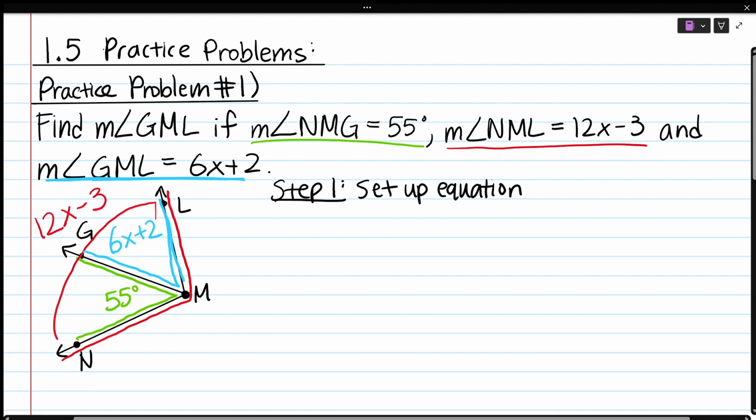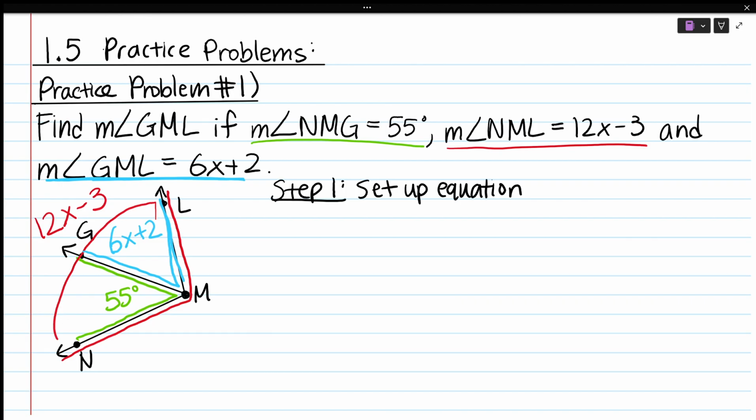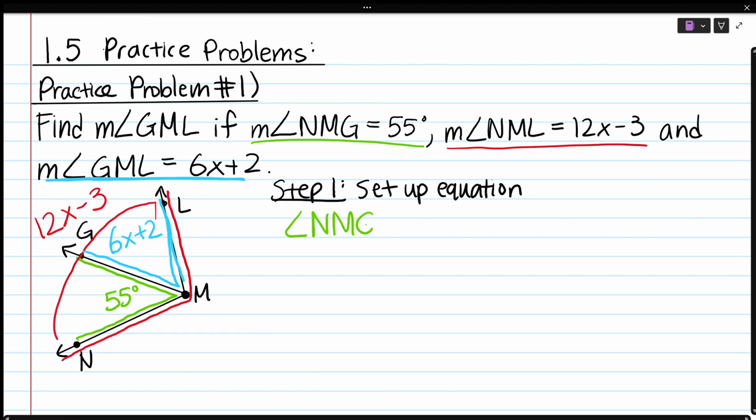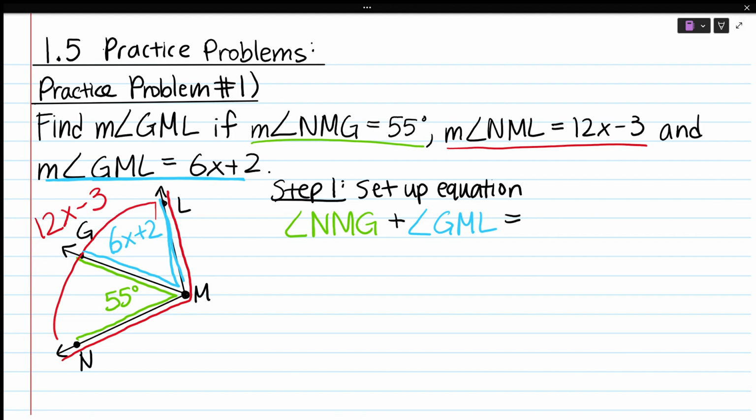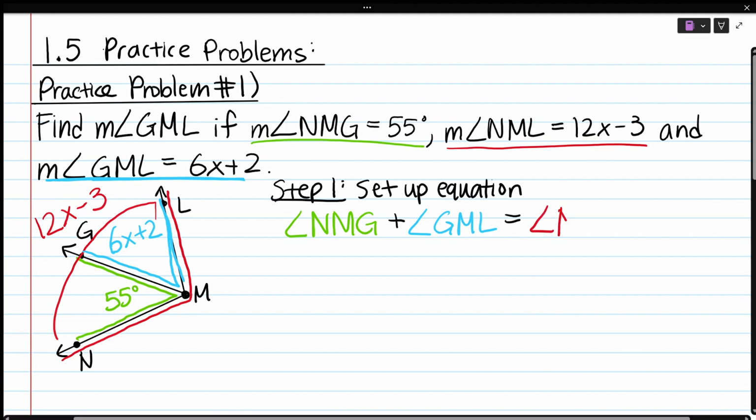We know we're going to use angle addition postulate, so we know angle NMG, right, the green angle, and if we combine it to angle GML, the blue one, if we combine those two angles, so we start with this angle and then we combine it to the other one, we're going to get the angle in red, right, equals angle NML.